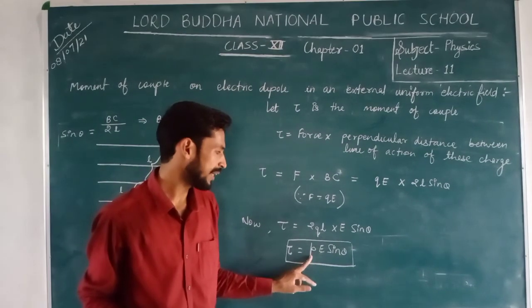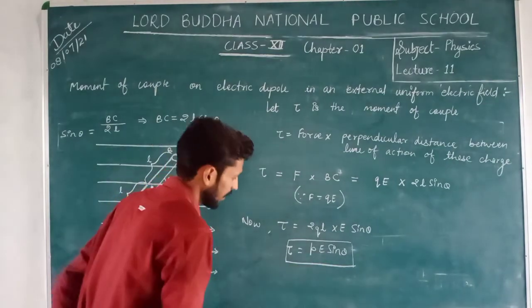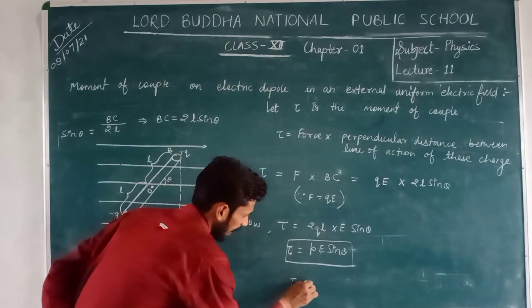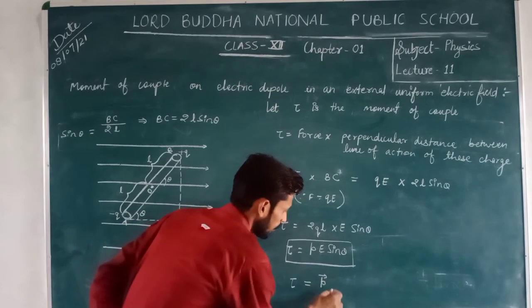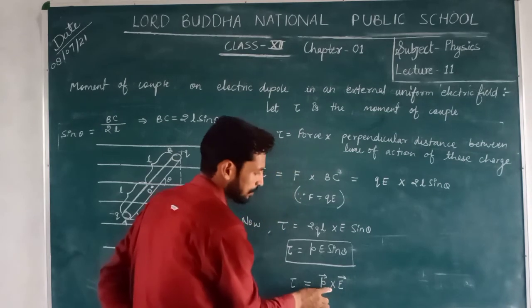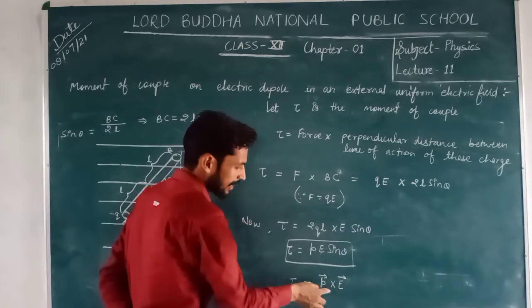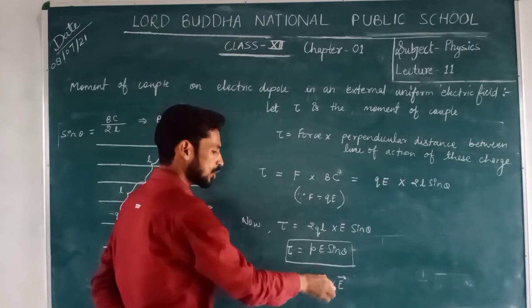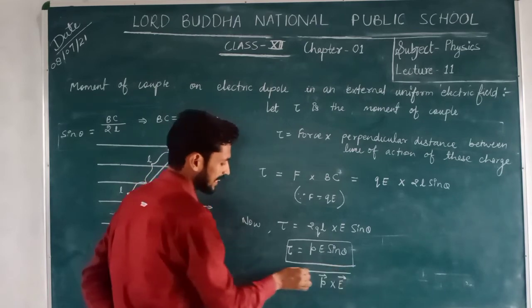So vector P and vector E have a vector product. So we can write tau equals vector P cross vector E. This is the cross product that represents the vector product, and if these are vectors and we are taking the vector product, then tau will also be a vector. So this is the formula for the moment of couple.